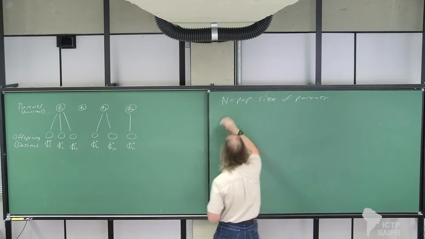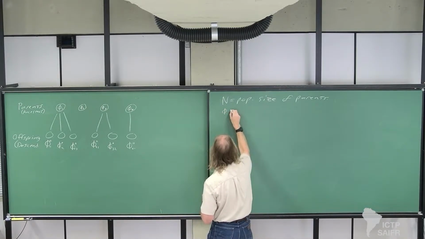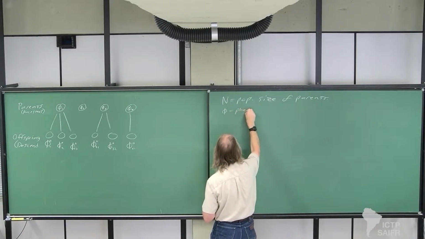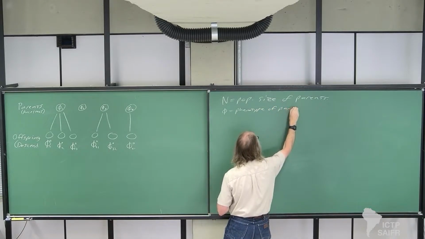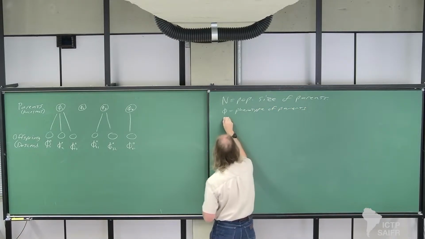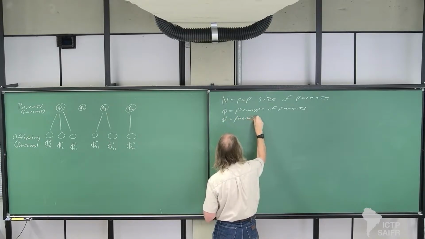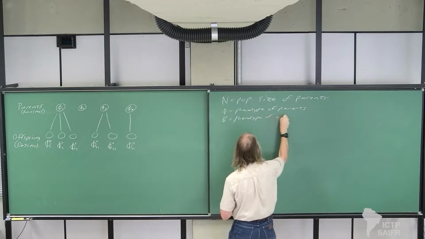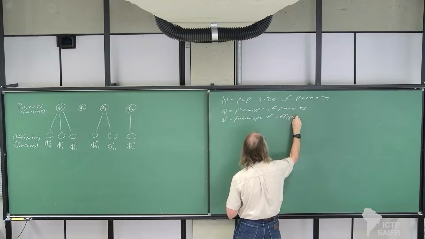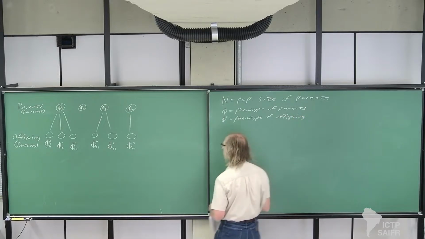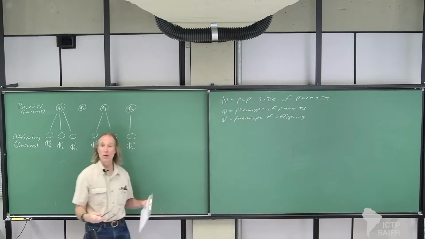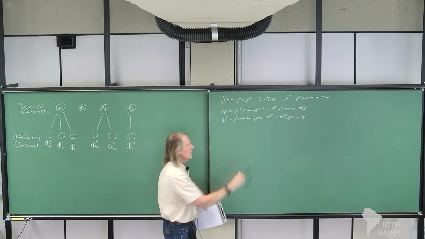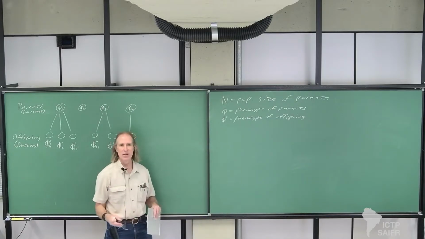When I just do a phenotype by itself, phi is phenotype of parents. Phi with the superscript O is phenotype of offspring. In the most general sense, phi by itself is the phenotype of the population of things that you're starting with. And phi O is the phenotypes of things later, at some later time.